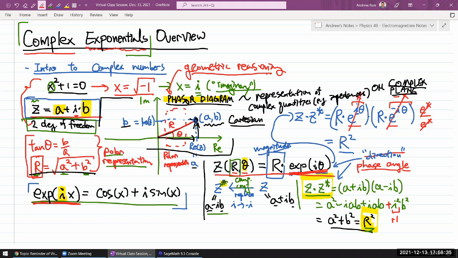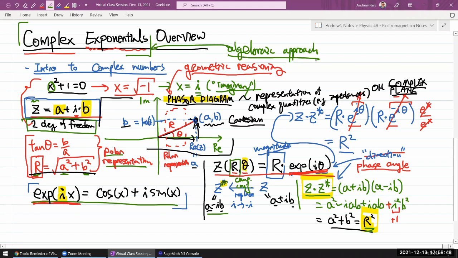The advantage of complex exponentials and the algebraic approach becomes more obvious as you start to deal with more complicated circuits, because once you train your skill at working through complicated algebraic expressions, those are easy to work through.